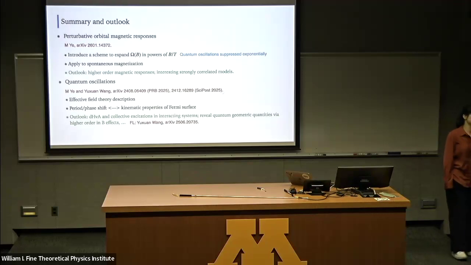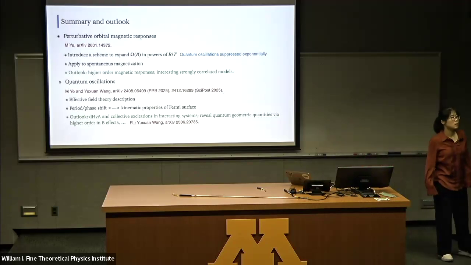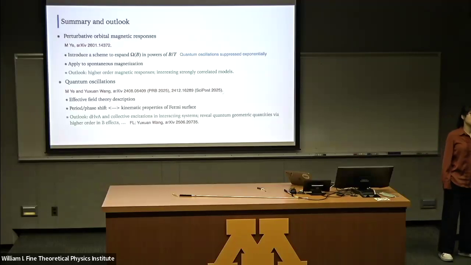Also, very quickly, in the first part, you said that the linear term in B cancels out. What about the conventional case when orbital magnetization is proportional to the field? It should be a linear in B term. Oh, you mean the susceptibility? Well, or magnetization proportional to B. For that one, I need to calculate higher order effects. I don't see an apparent cancellation. I'm still doing that part.